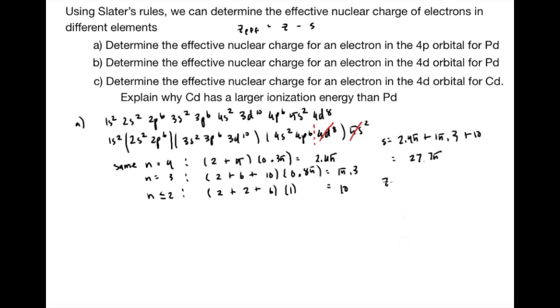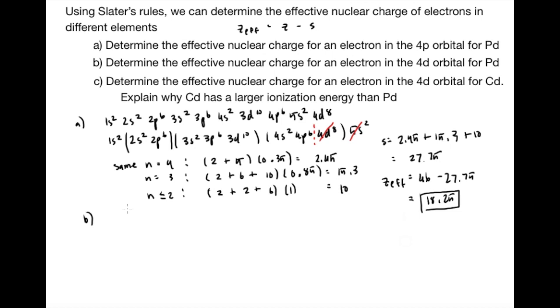And so the effective nuclear charge is equal to 46, which is the atomic number of palladium, minus 27.75. And so if we plug this into our calculator, we end up with a value of 18.25, which is your final answer.